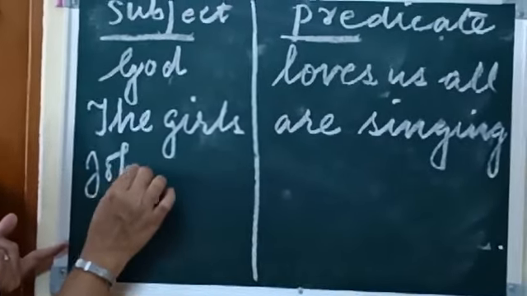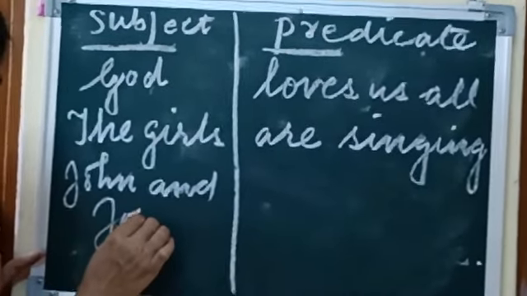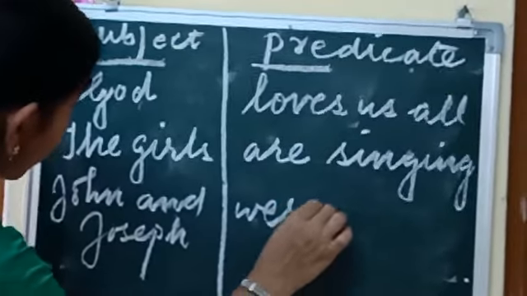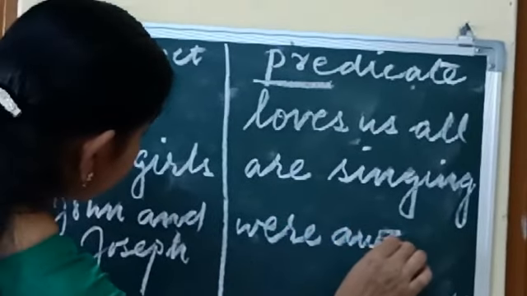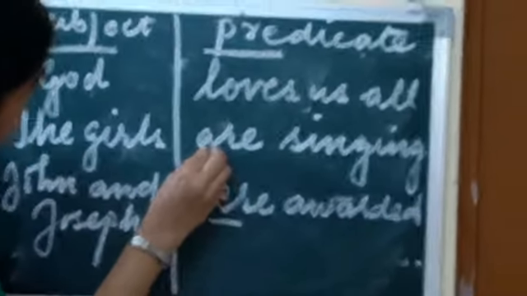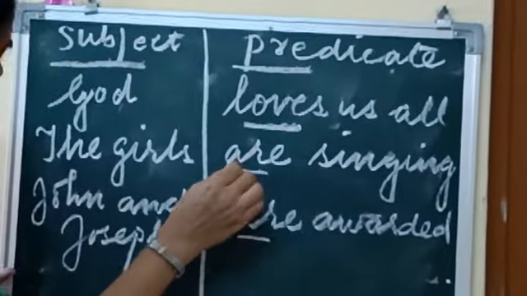Don't get confused because here two names are there. John and Joseph were awarded. See, it started with the verb here. So always we start the predicate with the verb.